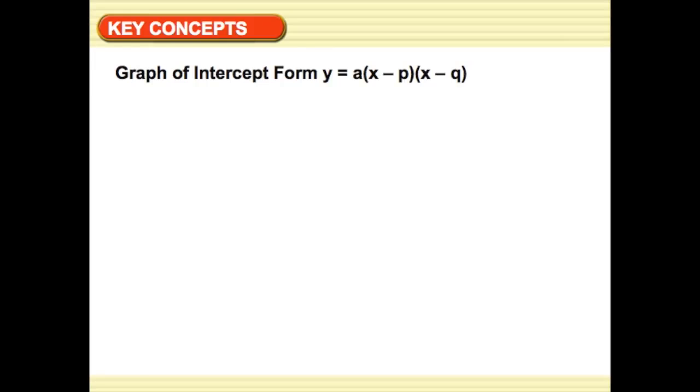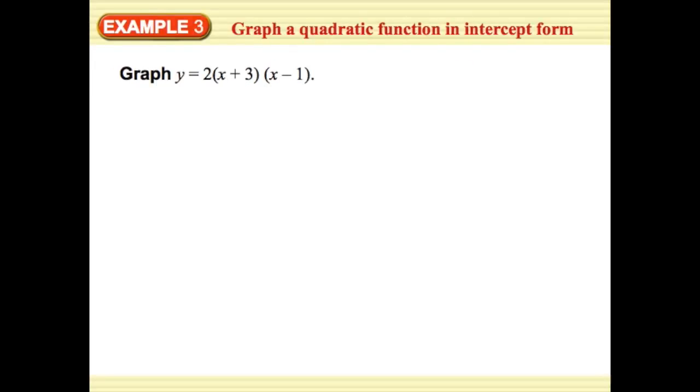So, continuing, let's graph y = 2(x + 3)(x - 1). And this is pretty straightforward. When I'm looking at this, I just want to identify p as -3 and q as 1. So I know that my axis of symmetry is going to be halfway between p and q, right?